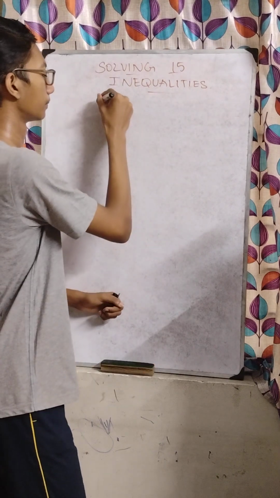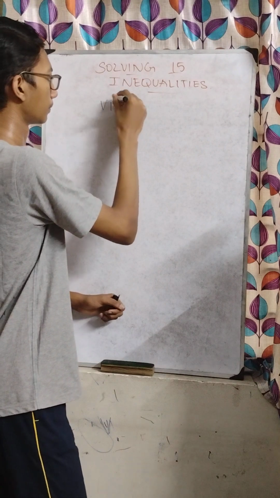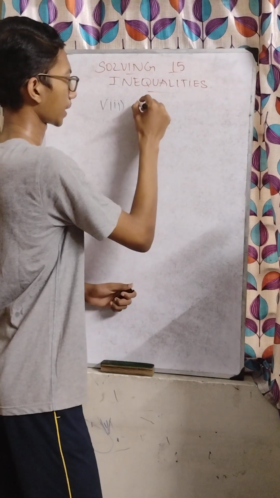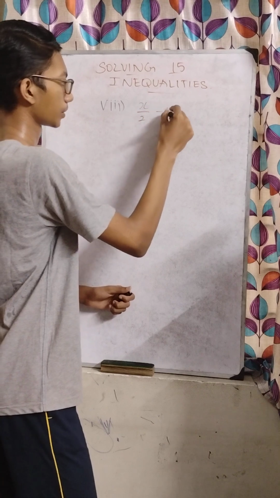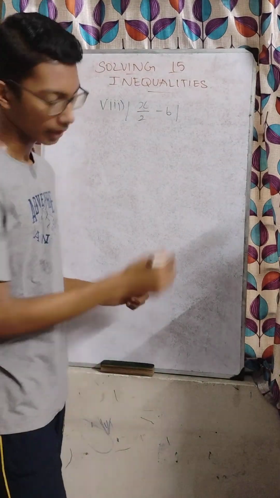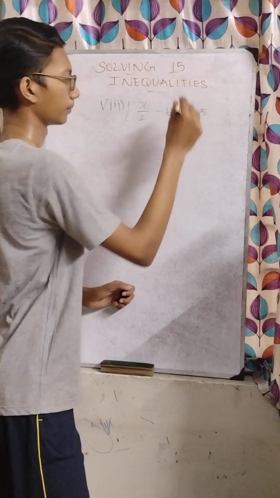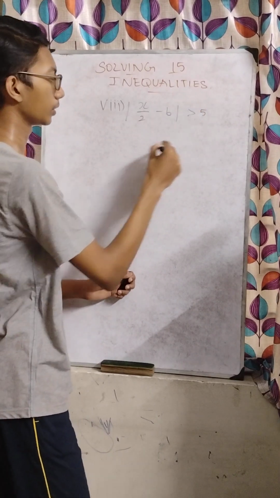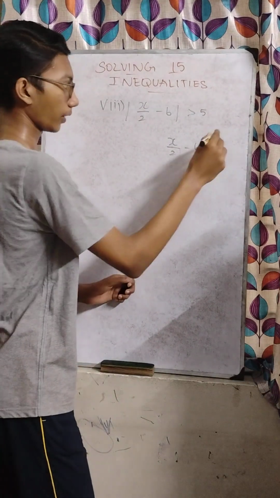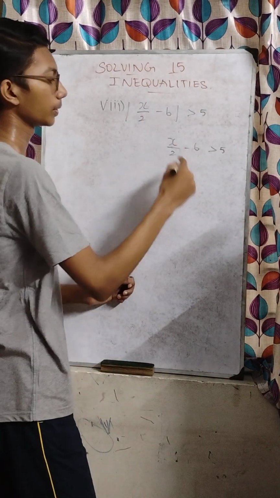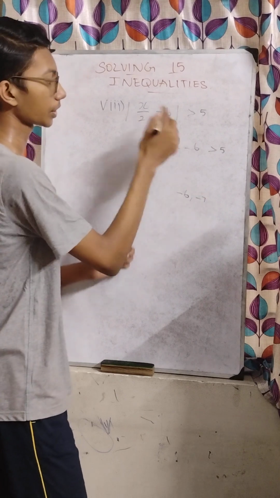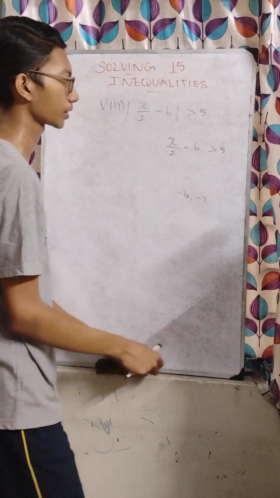Okay, next one. The next question involves fractions. The modulus of x by 2 minus 6 is greater than 5. Again we can do the same thing. So x by 2 minus 6 is greater than 5, and it can also be like minus 6 or minus 7, because the inside of the modulus can also be minus 6 and minus 7.